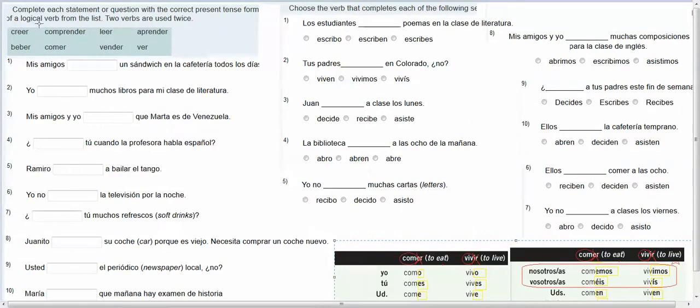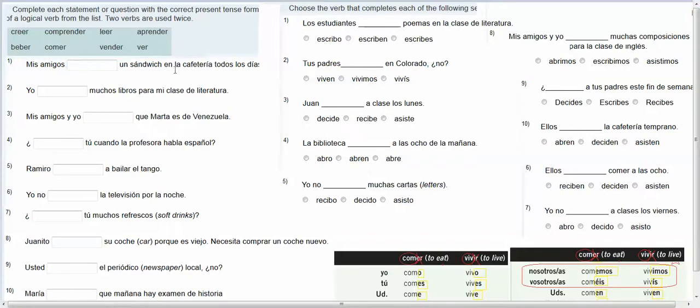So what we want to do in this first one is complete each statement or question with the correct present tense form of the logical verb from the list. So we've got creer, to believe, comprender, to understand, leer, to read, aprender, to learn, beber, to drink, comer, to eat, vender, to sell, and ver, to see.